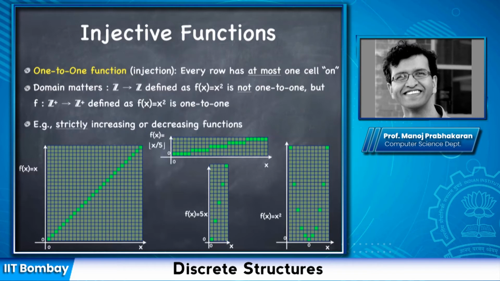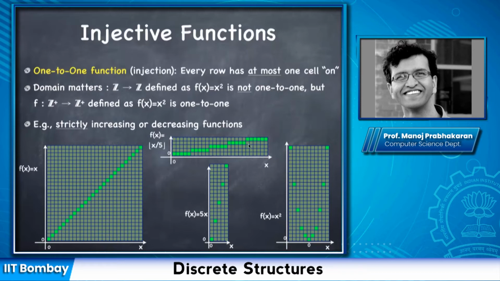A class of useful examples for one-to-one functions, when you are talking about functions from a numerical domain to a numerical codomain, are strictly increasing functions or strictly decreasing functions. So this is a strictly increasing function. This is not a strictly increasing function.